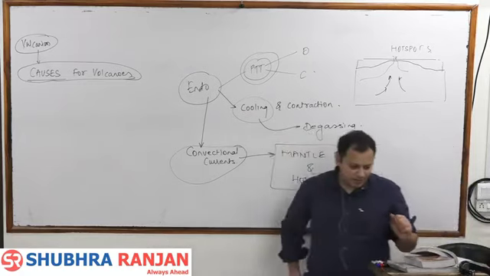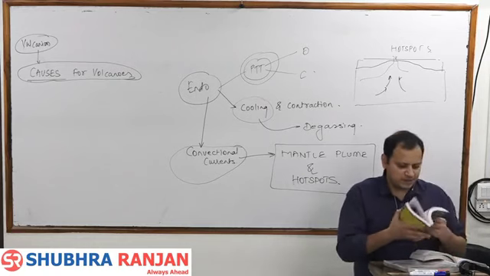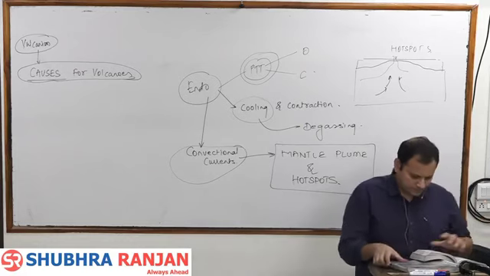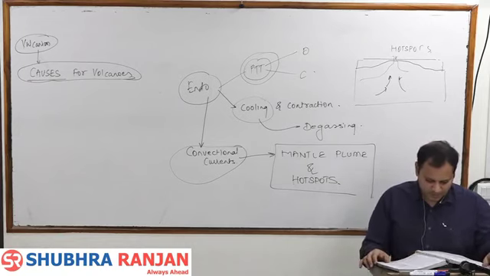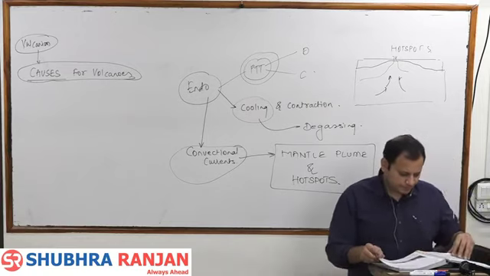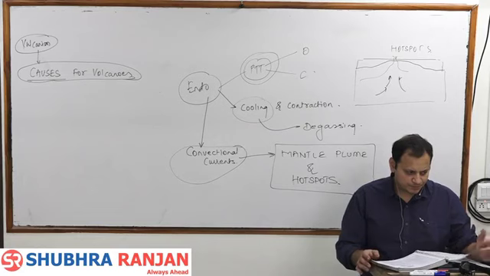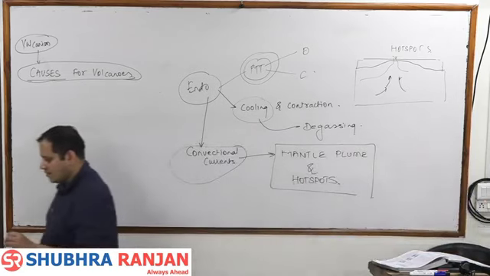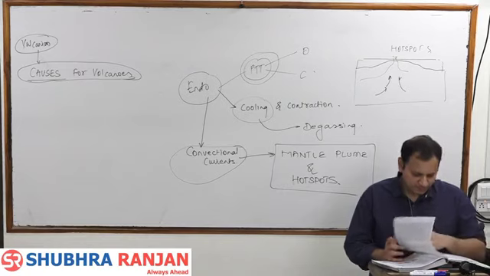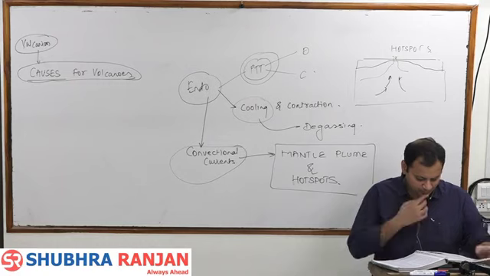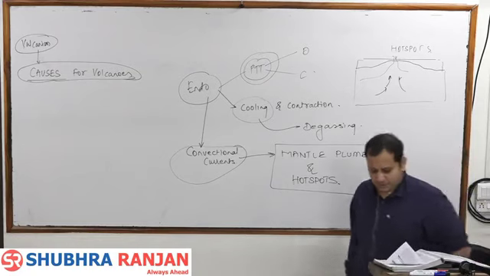The causes for the volcanic eruptions. Is for plate tectonics, especially the convergent and the divergent plate boundaries, which results into fissure type of eruption associated with the divergent plate boundary, in the place, full stop.